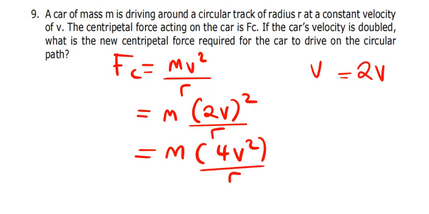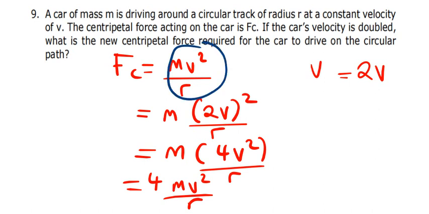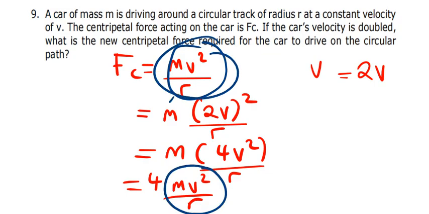Now if I bring the 4 multiplied by the m, everything in the bracket multiplied by m, I'm going to have 4 m v squared over r. Basically this is what we are going to have. That is our final answer. However, look at something here. This mv squared over r is also this mv squared over r, and this is equal to that.